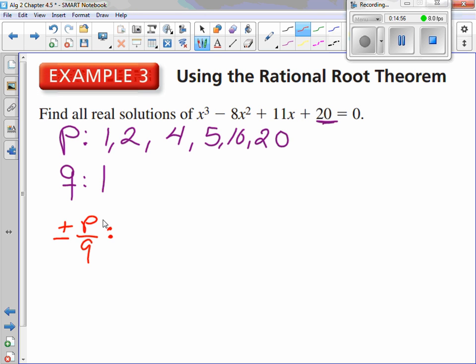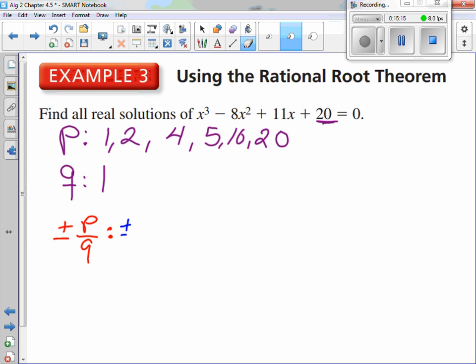Yes? So that means I start with q being 1, the smallest value, and we're going to divide. So the first one we're going to have is plus or minus 1 over 1. So what's 1 divided by 1?